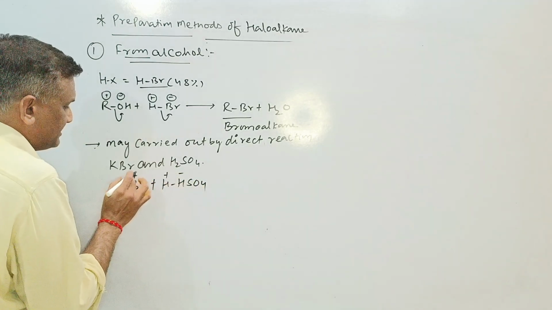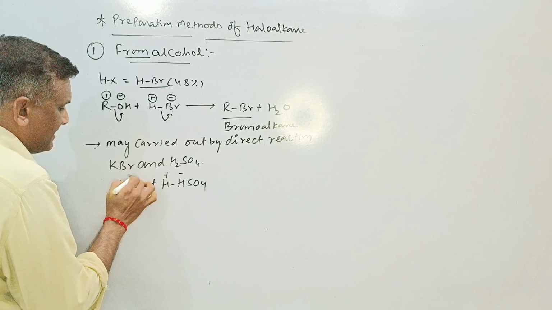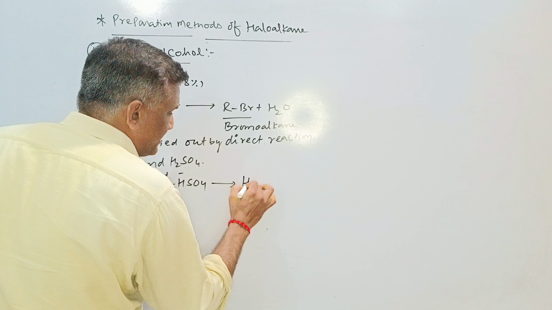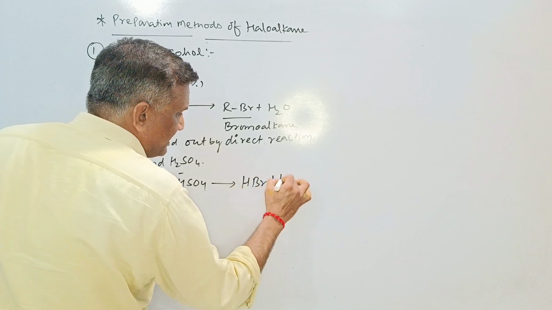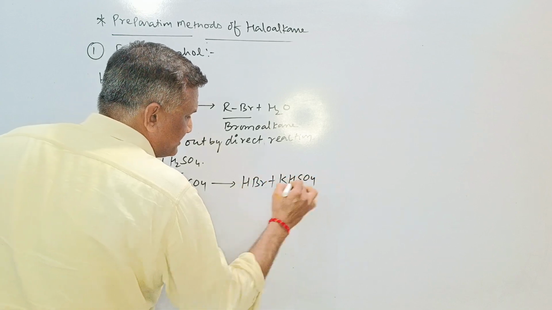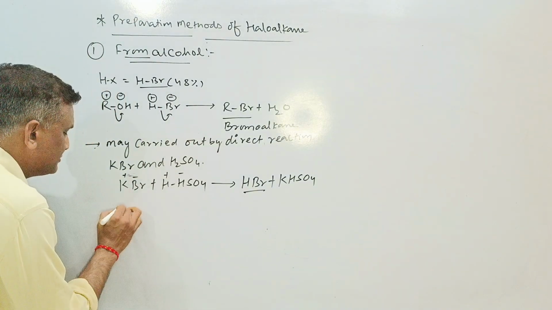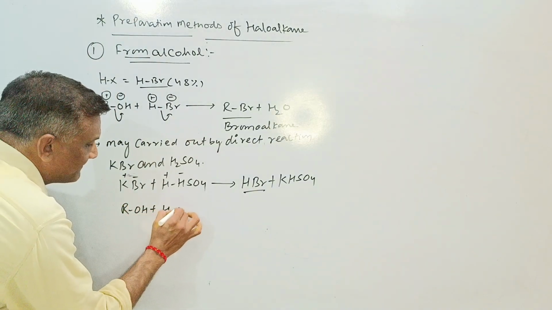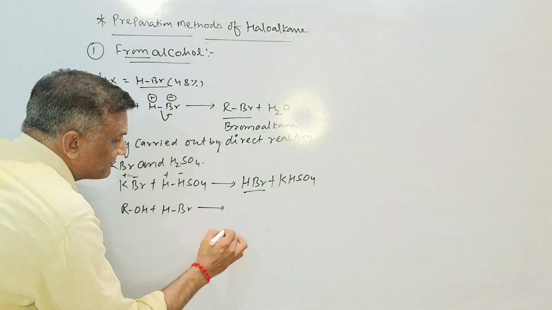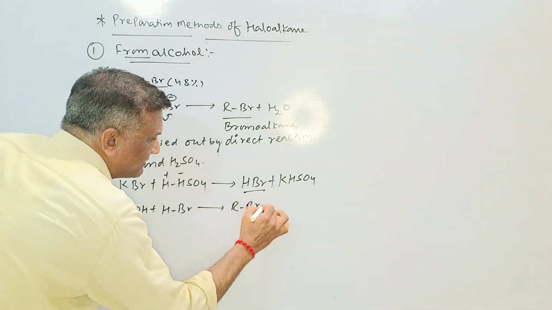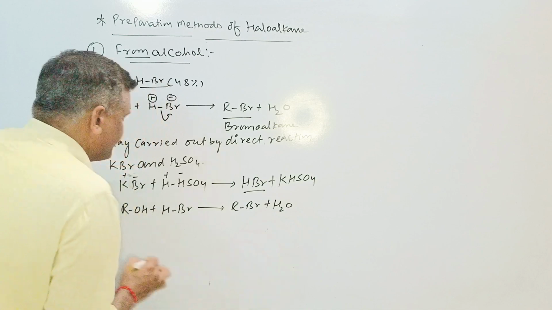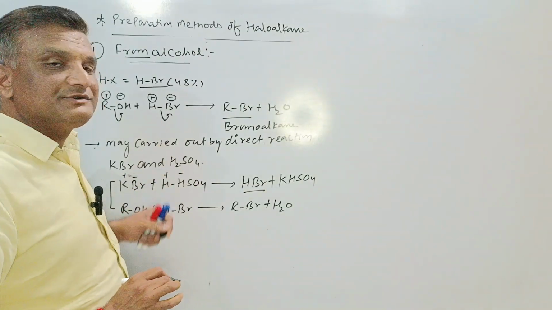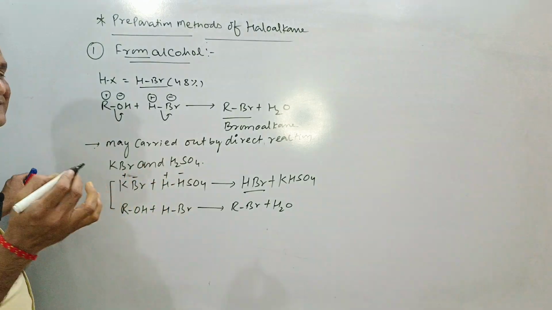KBr dissociates into Br minus and K plus. So here will be the formation of HBr plus KHSO4. Now this HBr can be used to change alcohol into bromoalkane. This is the RBr and this is the H2O. So this was the indirect method regarding HX equal to HBr.